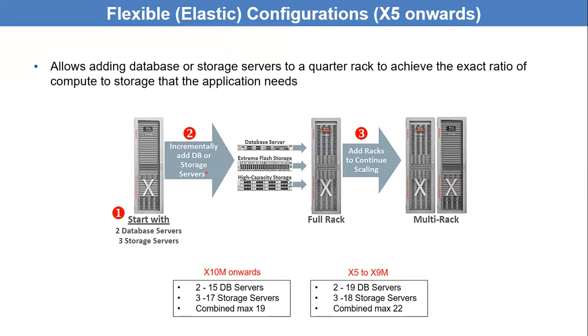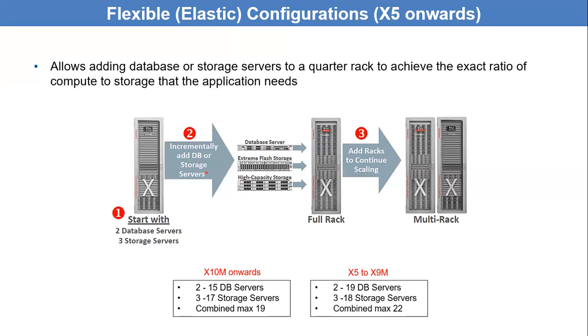From X5 till X9M, where flexible configuration was first introduced in X5, these numbers are slightly different. In X5 to X9M racks, the minimum number of database servers is 2, but the maximum is 19. Similarly, the minimum number of storage servers is 3, maximum is 18. Combined maximum is 22.